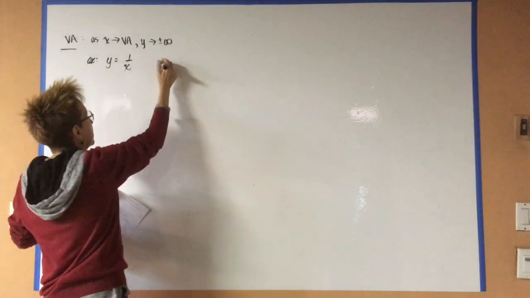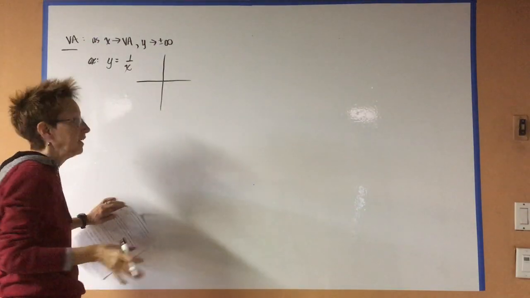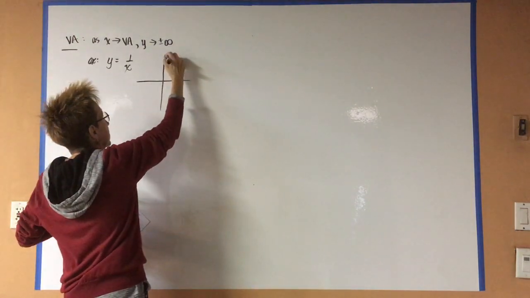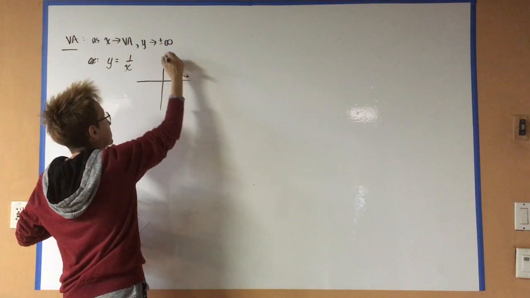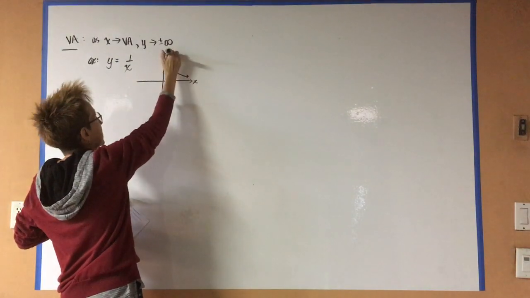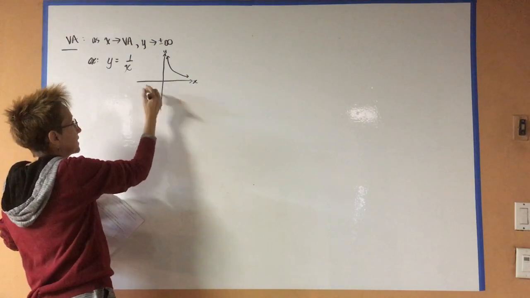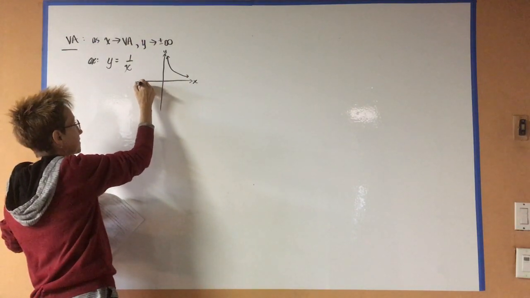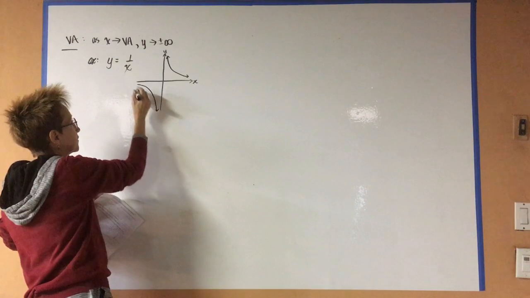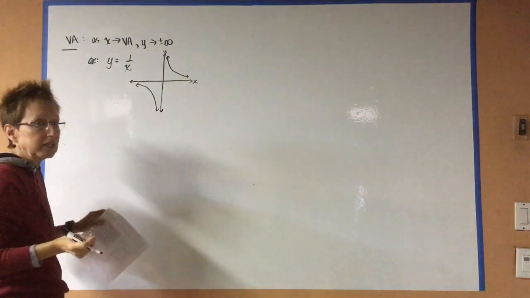And if you recall, when we graphed that, we played with the t-table, we thought about what was going on with the values, and we found ourselves graphing a piece of a curve up here in quadrant 1 that got really close to the x-axis and got really close to the y-axis, but never touched them. And then there was a piece down here in quadrant 3 that did the exact same thing.